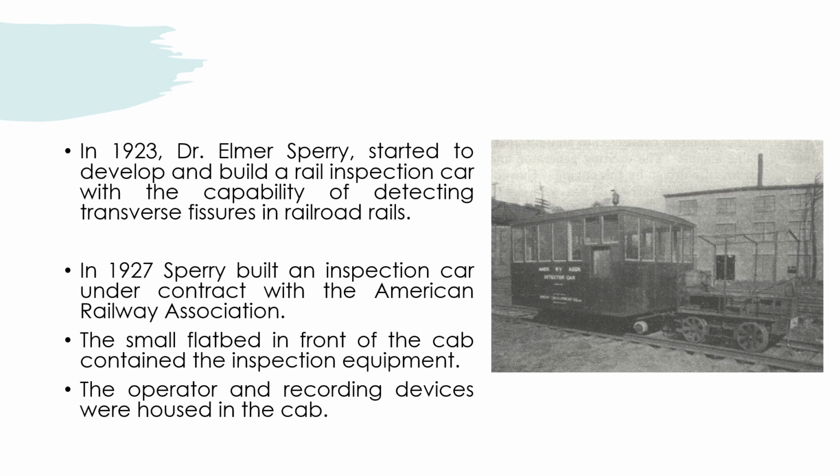Here is the picture of the rail inspection car. The small flatbed in the front of the cab contained the inspection equipment. The operator and the recording device were housed in the cab.